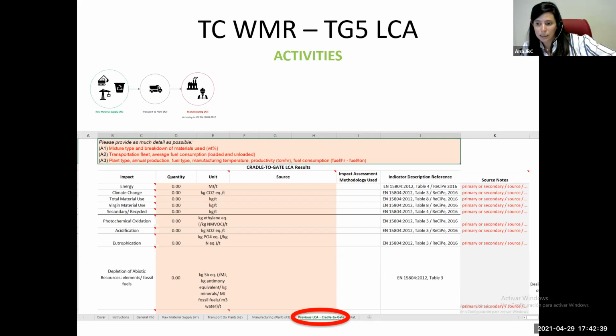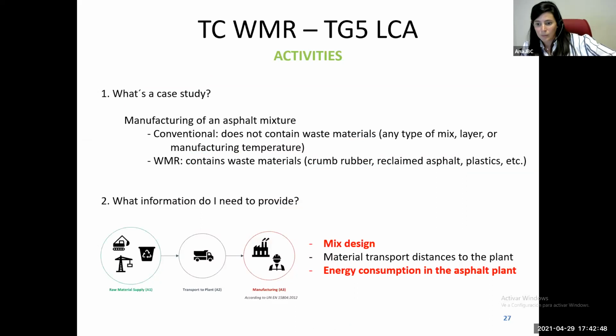You can also provide that, telling us always the impact assessment methodology that you used, or the source, or where you found this data. But in summary, what we wanted to highlight today is that this is what we need. A case study is the manufacturing of an asphalt mixture, and the data that we really need is the mix design and energy consumption in an asphalt plant.